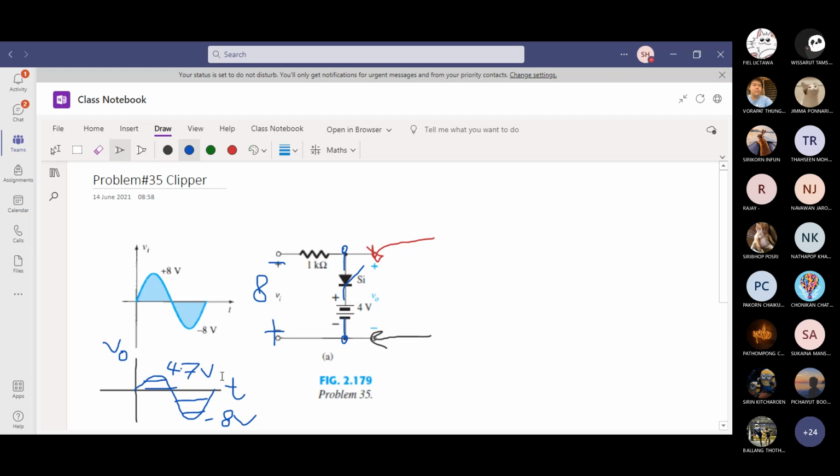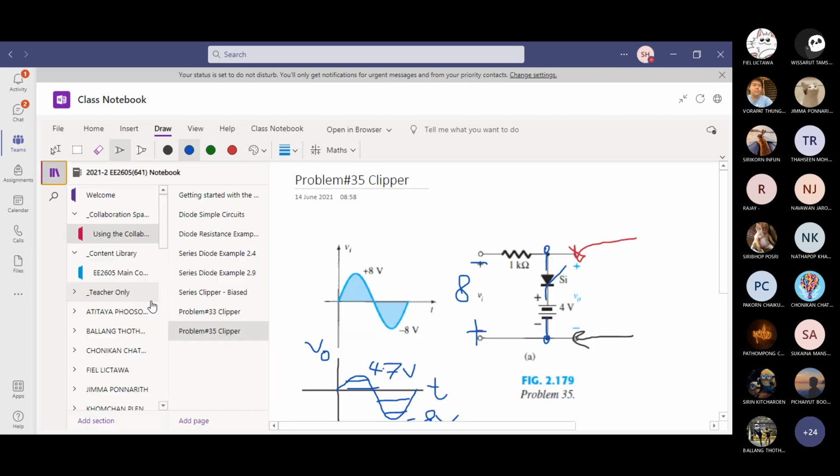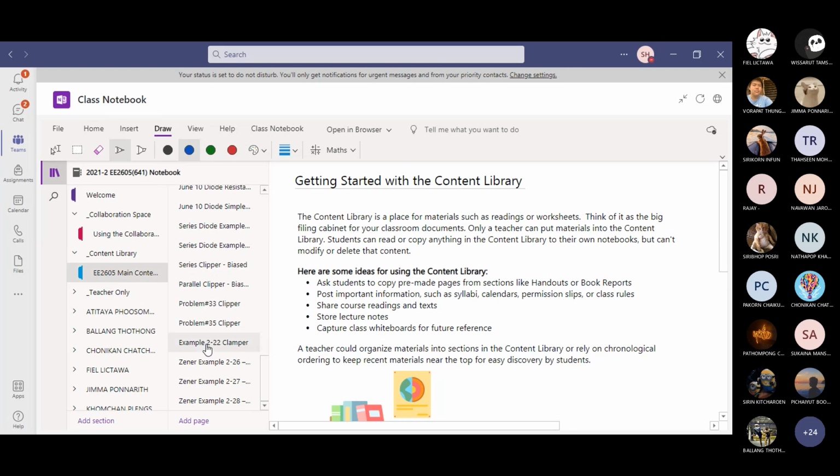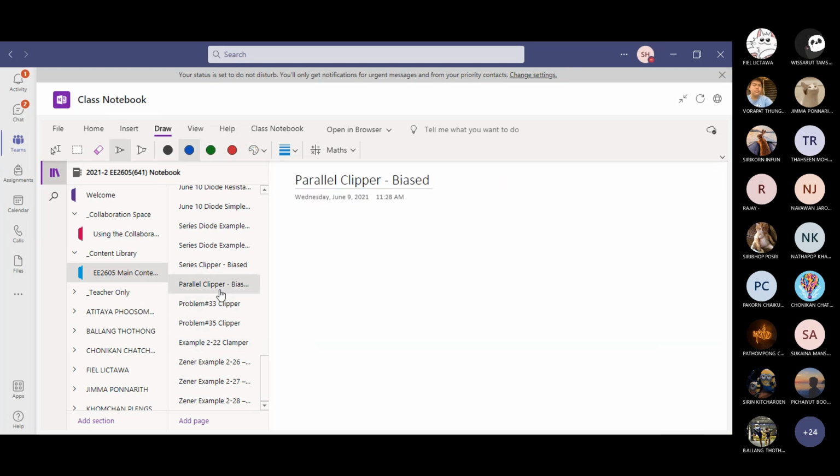This is a clipper circuit, parallel clipper with DC biasing. Series, okay, 2.4 and 2.9 we did in the previous class. Clamper, parallel clipper biased.